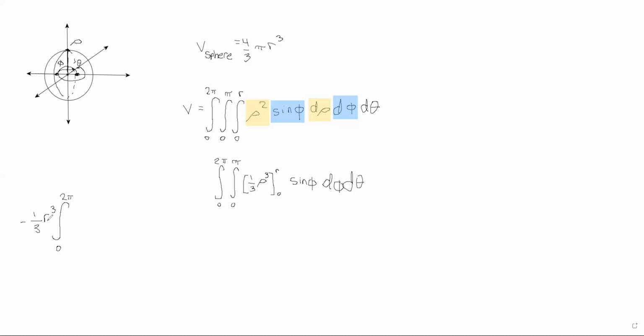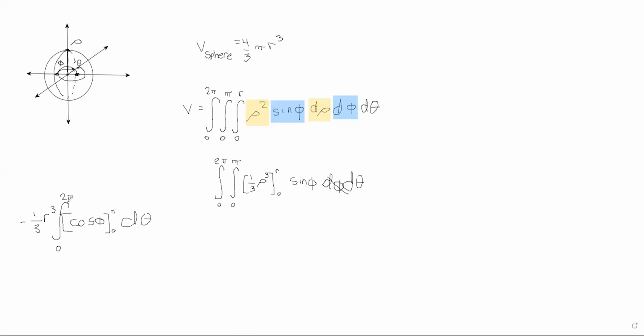So we have negative 1/3 r cubed, and then the integral going from 0 to 2 pi. The antiderivative of sine of phi is negative cosine of phi, and the limits of integration there are 0 to pi. We already dealt with the d phi, so that part just goes away. We're left with just d theta.